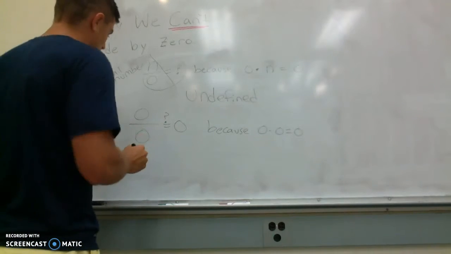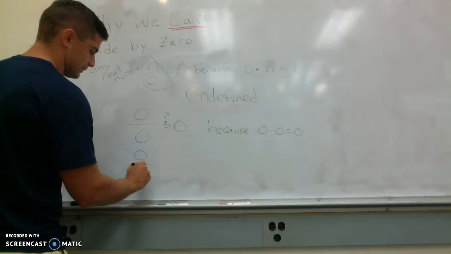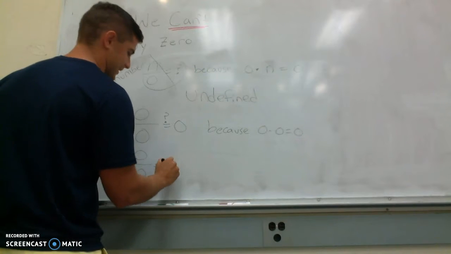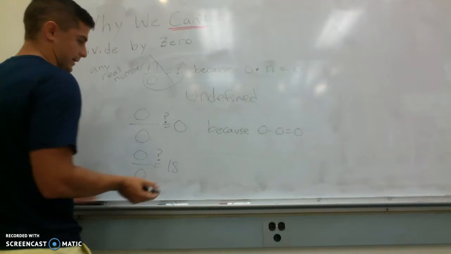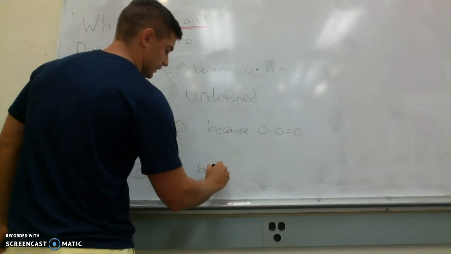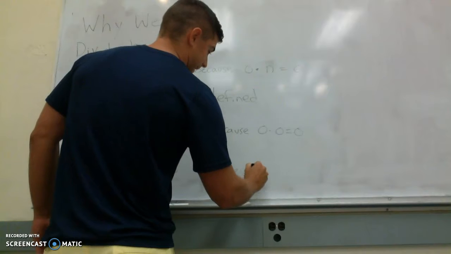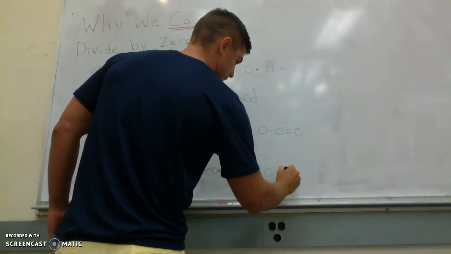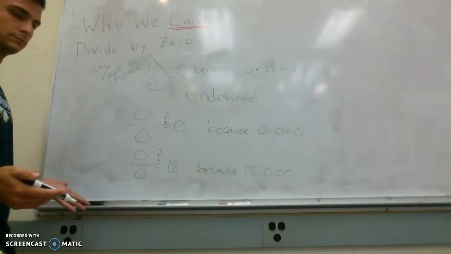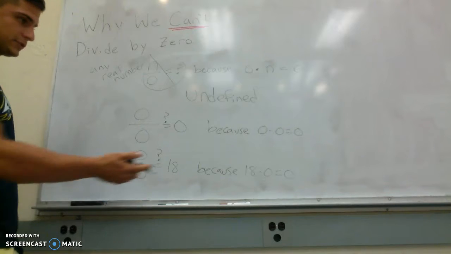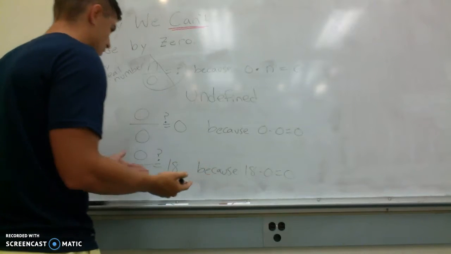But what if I want to say 0 divided by 0 is 18? Put a little question mark here again. I want to say that because 18 times 0 equals 0. That's true, of course, also.